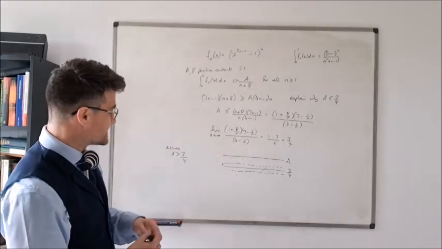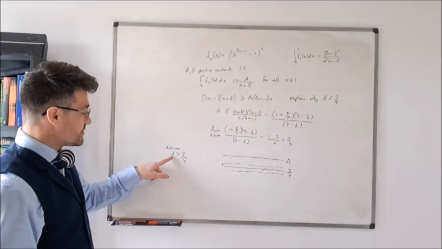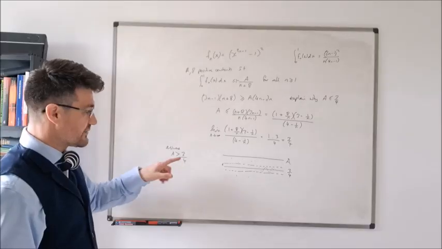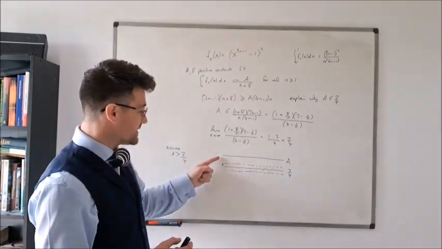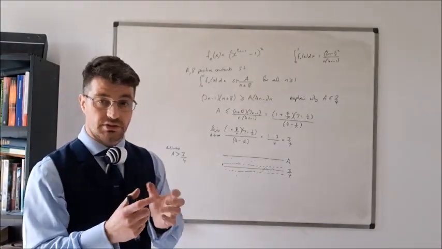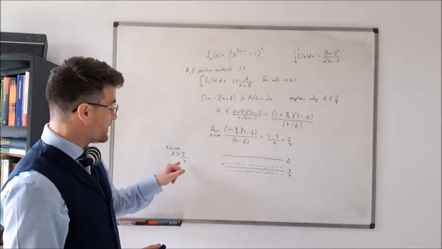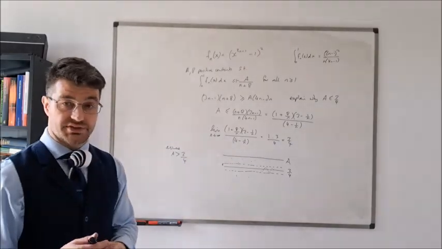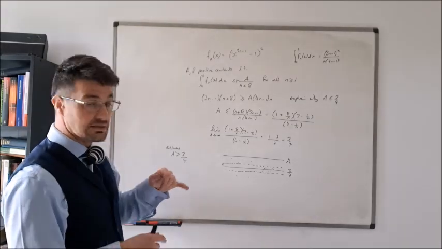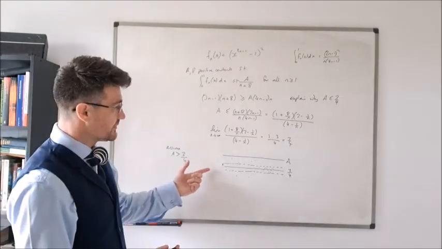So the upshot is that we do get a contradiction. If we assume that A is greater than 3/4, we do get a contradiction, but it's quite a subtle way that we get a contradiction. So we can't assume that A is greater than 3/4; we must have that A is less than or equal to 3/4.